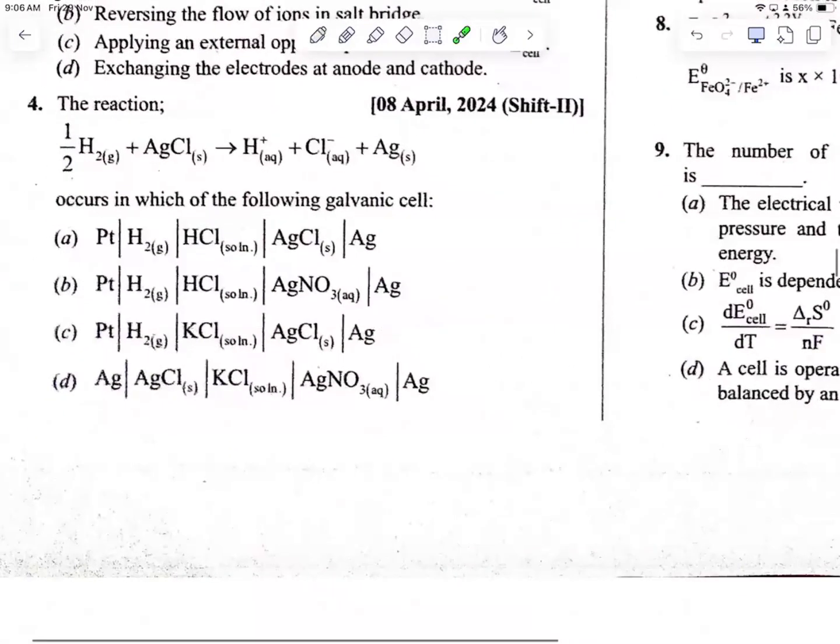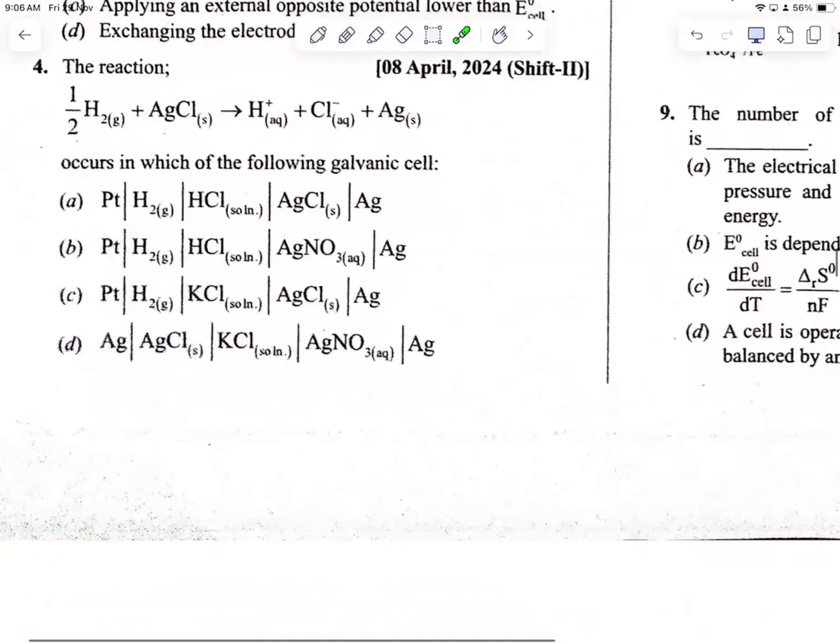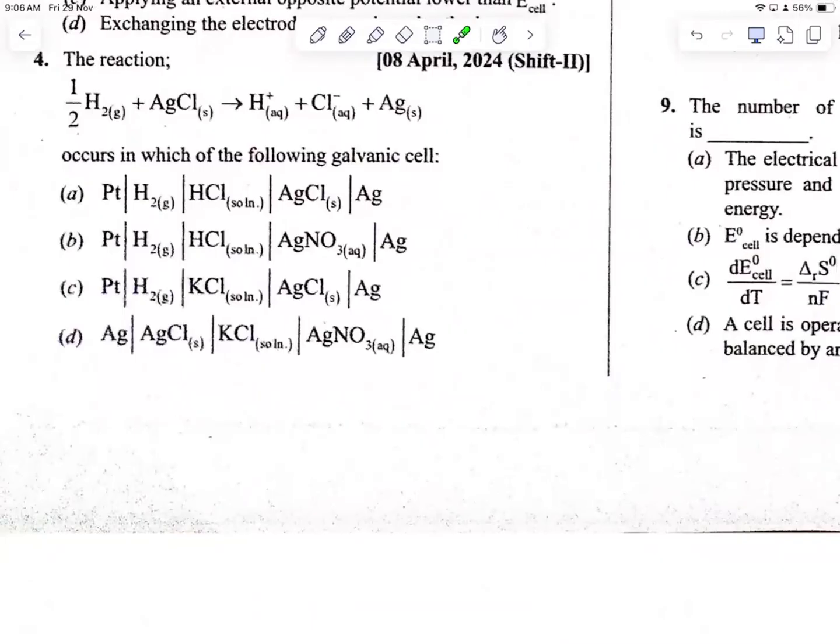Next. This reaction is given. How do we represent it? Remember, the representation is very important. First, notice what options are given here. First, H2 is getting oxidized. Realize that. Then AgCl is getting reduced to Ag. So I need to first represent the inert electrode, then the gas which is converting into H plus.